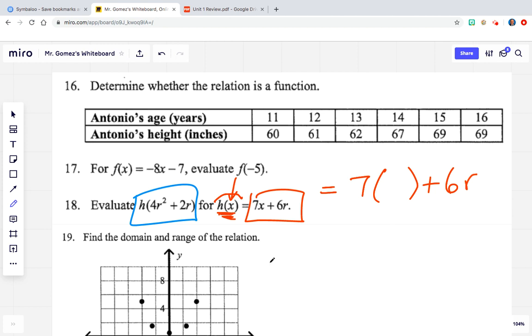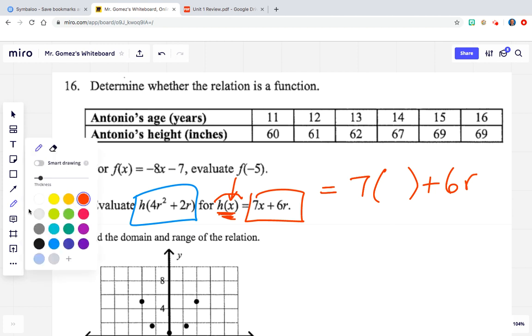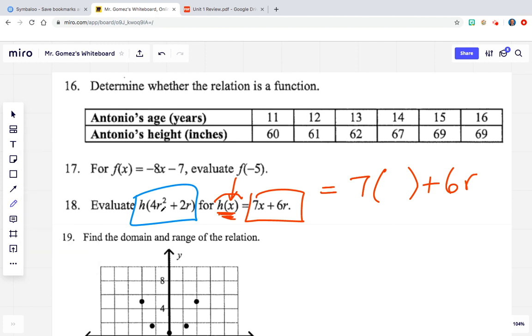So now, this is h of x, and we're looking for h of all of this stuff right here. So we're going to put where x goes 4r squared plus 2r, and then we're going to simplify by distributing this 7 onto these two terms. 7 times 4 would be 28r squared, and then 7 times 2 would be 14r.